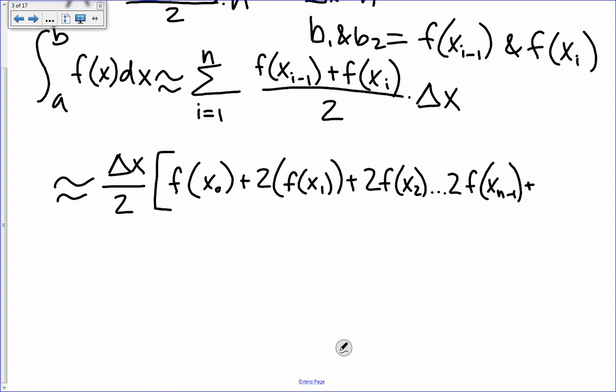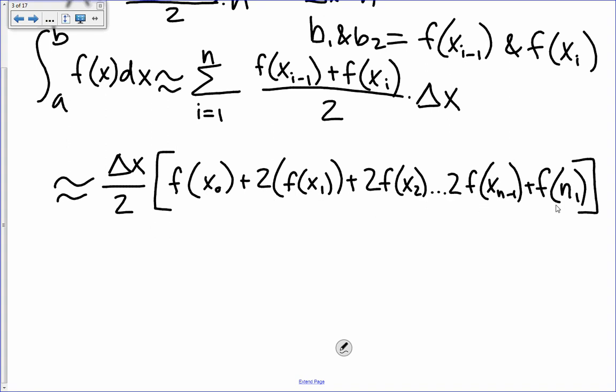And then notice when we get all the way to f of x sub n, we only take that into our equation one time. So our first term, f of x sub 0, and our last term, f of x sub n, we are only adding in one time, but all of our other base lengths are factored in twice.